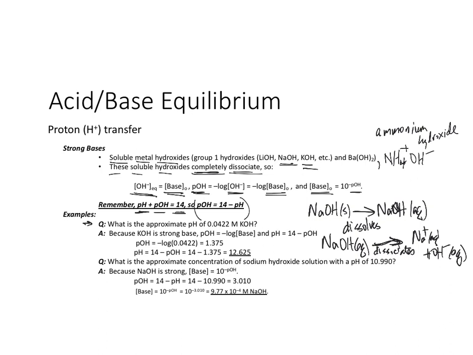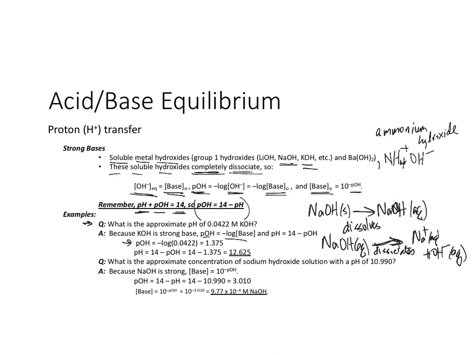So we ask, what is the approximate pH of 0.0422 molar potassium hydroxide? Now, because KOH is a strong base, that's a group 1 hydroxide, the pOH is going to be the negative logarithm of the base, and pH is going to be 14 minus pOH.